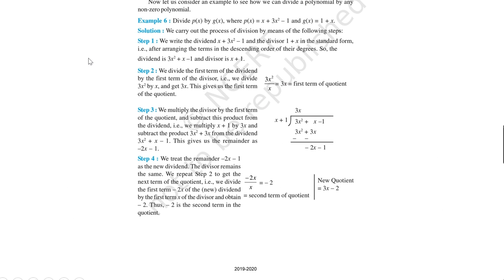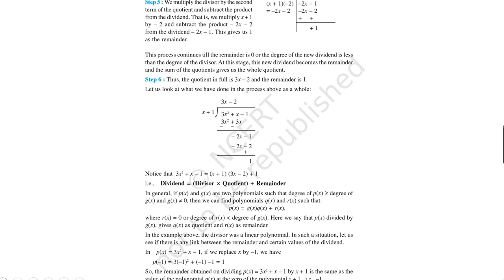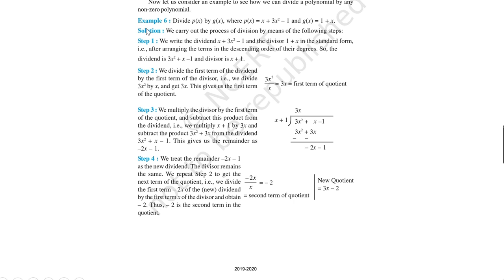Now we will see how to divide a polynomial by a systematic process. Here we will go through example 6. In our example, the polynomial p(x) is x plus 3x square minus 1, and g(x) is 1 plus x. We have to divide p(x) by g(x).